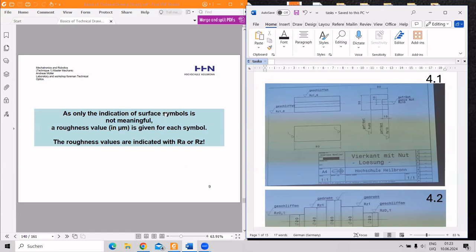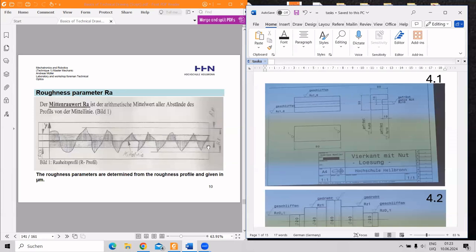As long as the indication of such symbol is not meaningful, a roughness value in micrometers is given for each symbol. The roughness values are indicated with Ra and Rz, and we mustn't mix them. So here in the theory, you can see here the graphs. So the middle roughness value, it's Ra. So it's like an arithmetical middle value of all distances of the surface from the middle line.